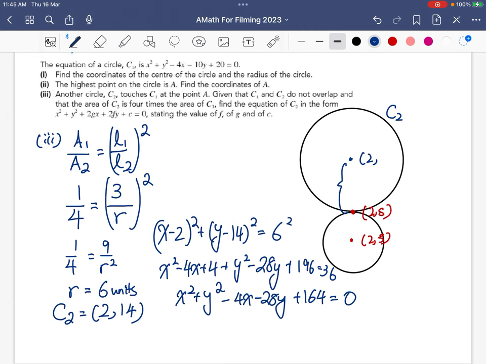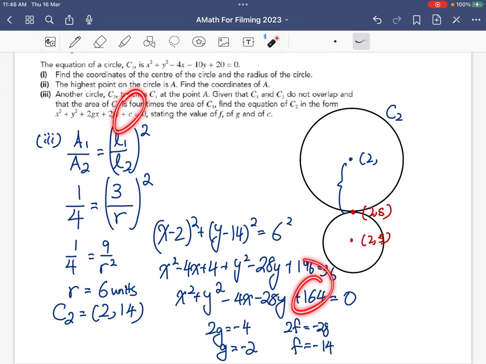So in this case, 2gx, so 2g is equal to negative 4. So your g value is equal to negative 2. 2fy, so 2f is equal to negative 28, f is equal to negative 14, and the c value by itself is equal to 164. So hence c is equal to 164.